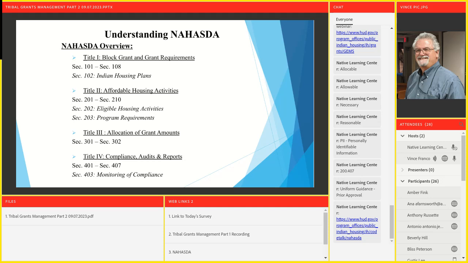I'm going to hover on this slide and take each one of these titles and try to break it down and highlight what's contained in each one of them, starting with Title 1, which is the block grant and grant regulations, which is basically the section, as I refer to it, the 100s, right? You can see it's section 101 through section 108. So I refer to it as the 100s.